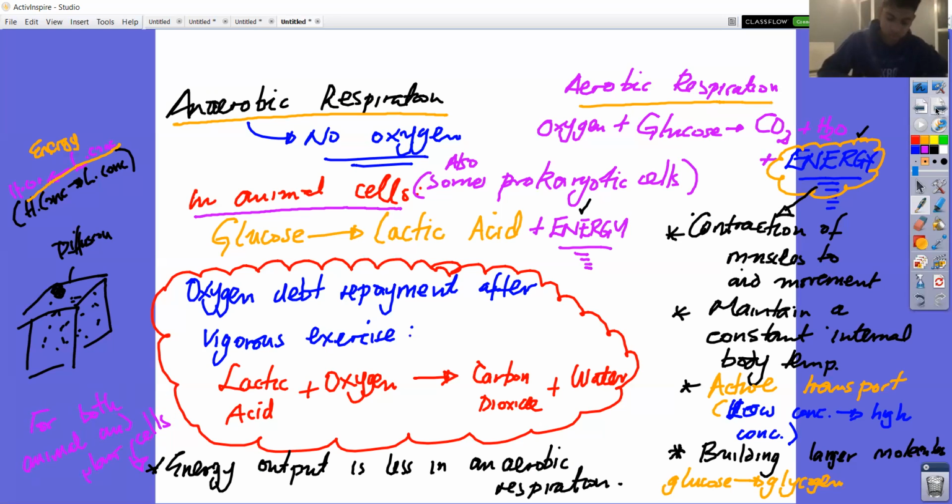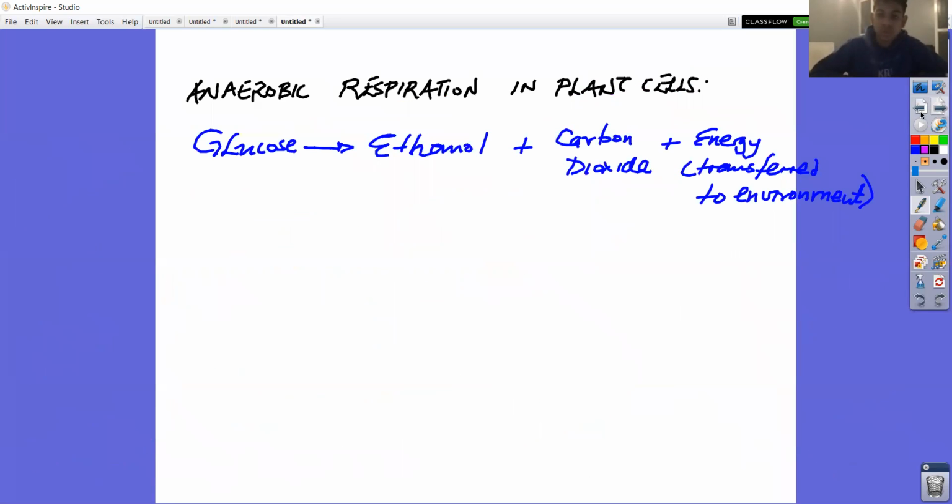So we move on to anaerobic respiration in plants. There we go. So we get glucose, ethanol plus carbon dioxide plus energy, which is transferred to the environment. Now, this happens in plant cells, but it also happens in a certain type of protist.